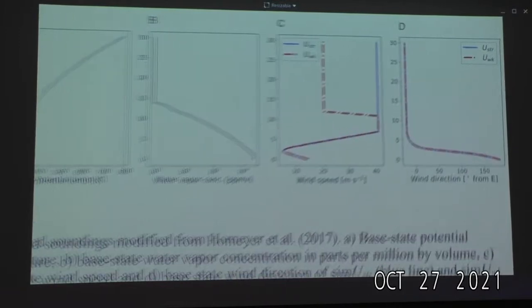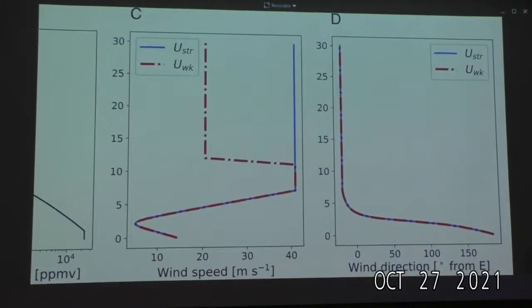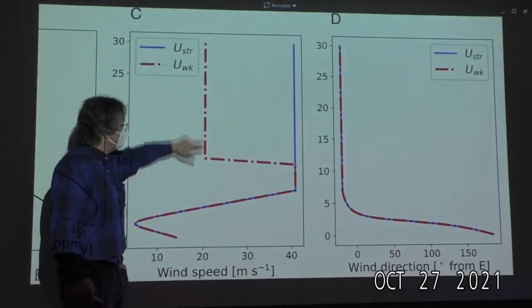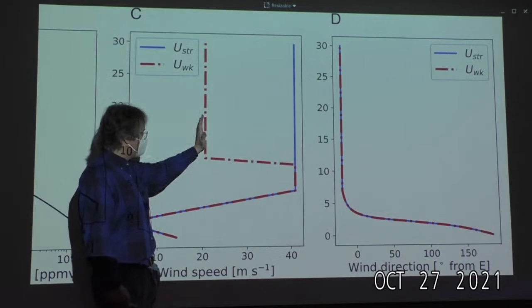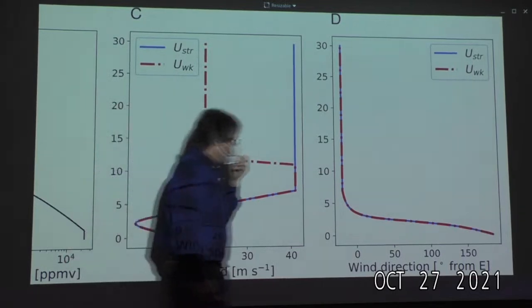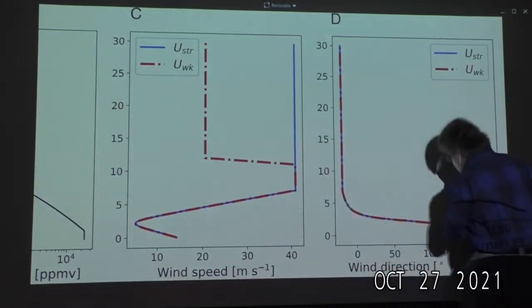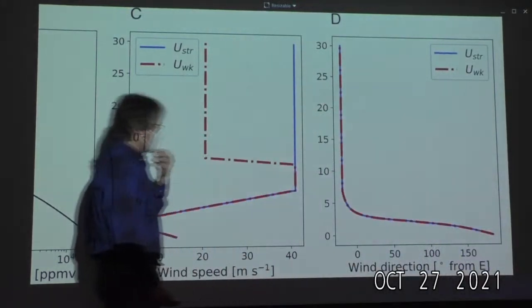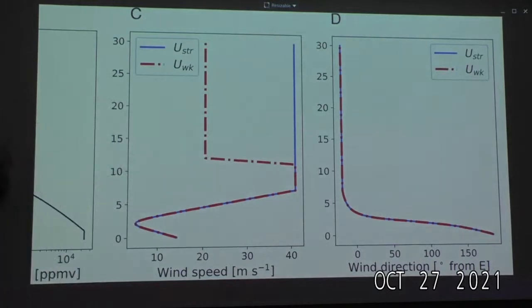And this is where we differ a little bit from the Homeyer work. We only wanted to change the speed of the wind, not the direction, in the layer that we changed. So the actual direction of the shear in the photograph is the same for both. For the weak upper level winds, we just cut them back linearly like that. And that's the only difference.